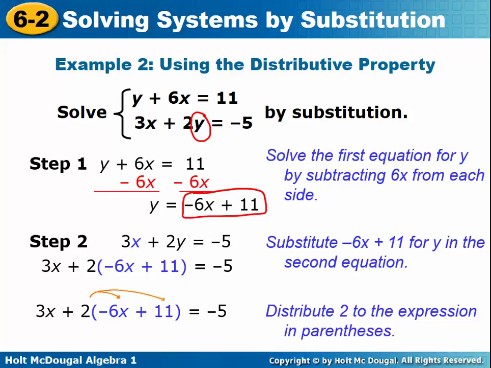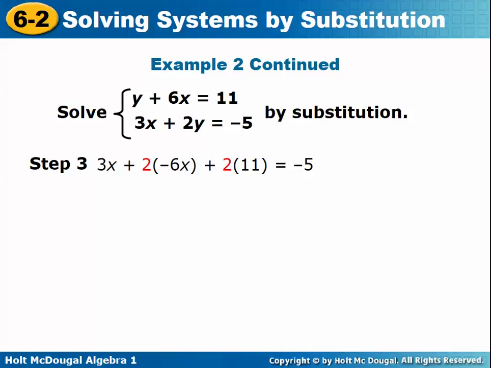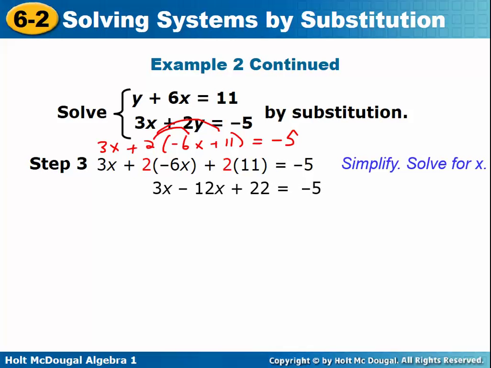So when we do the distributive property, we had 3x plus 2 times negative 6x plus 11. This was the equation on the page before. So we take 2 times negative 6x and then 2 times 11. And then we simplify: we multiply those things by 2, and we get 3x minus 12x plus 22 equals negative 5.